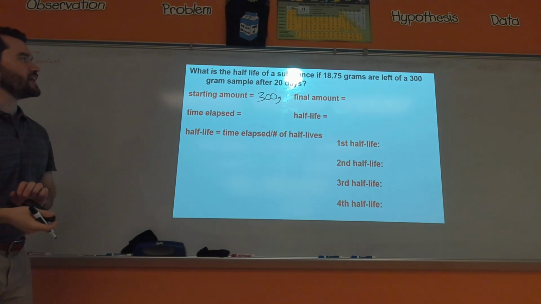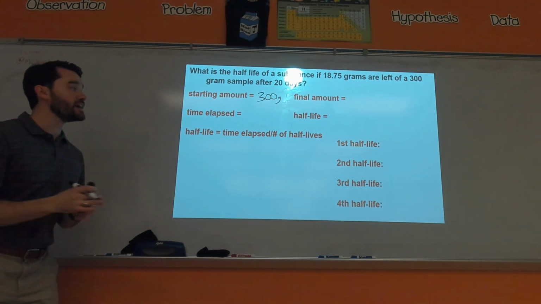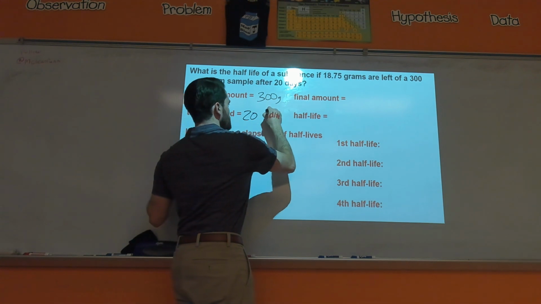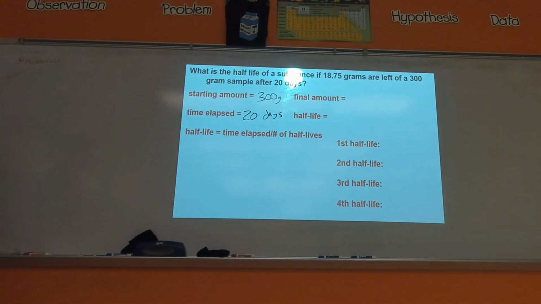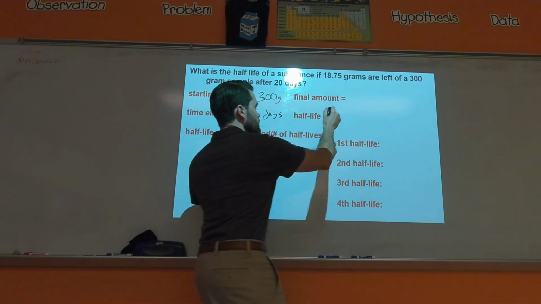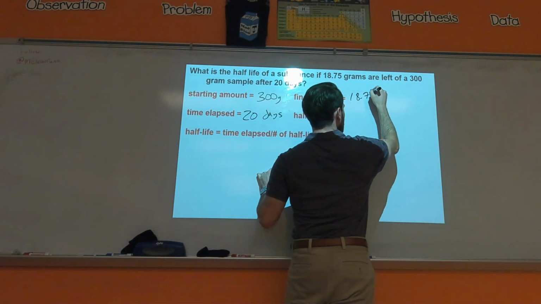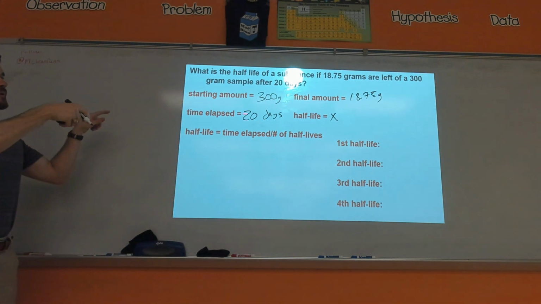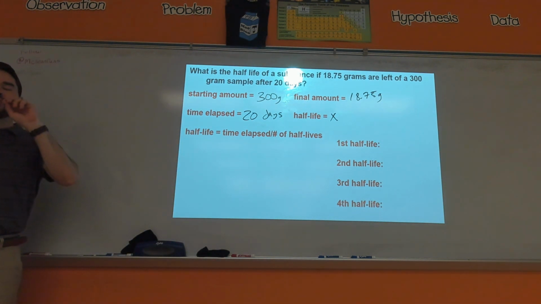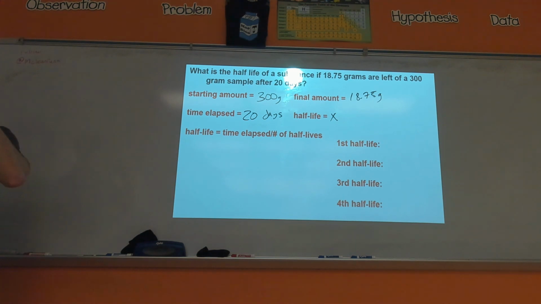What is the time elapsed? 20 days, good. What am I ending with? 18.75, good. So then, whenever you're doing these, there will always be one of these 4 boxes up here. One of them will always be blank. That'll be your X that we have to solve for.